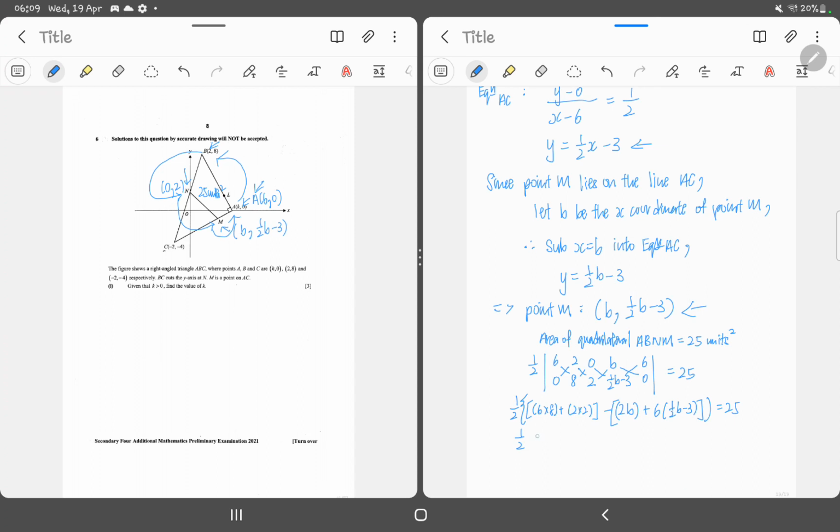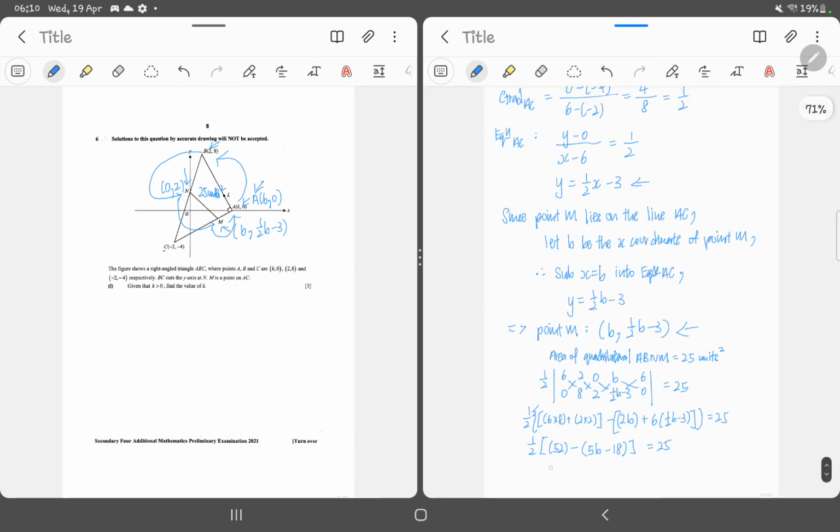So it's 52 minus 5B minus 18, and this whole thing equals 25.